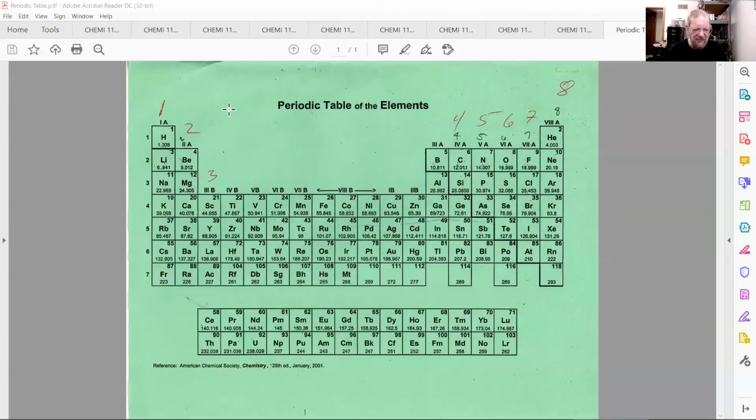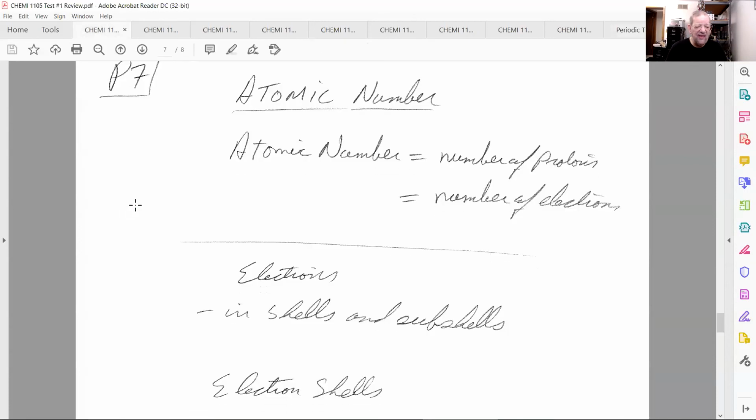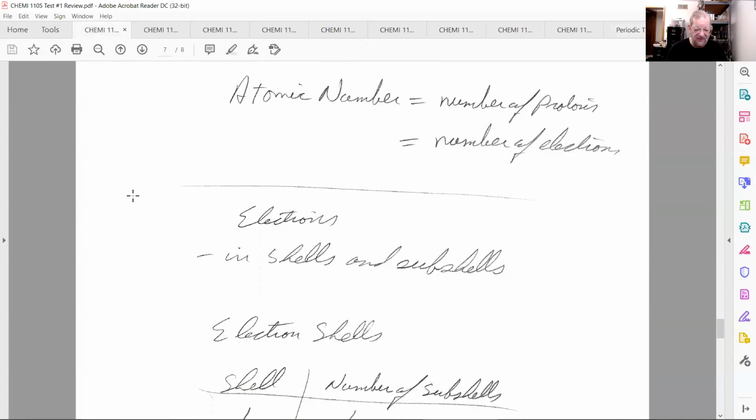All right, so remember, the atomic number tells you how many electrons, how many protons. Next, I talked about where the electrons are.